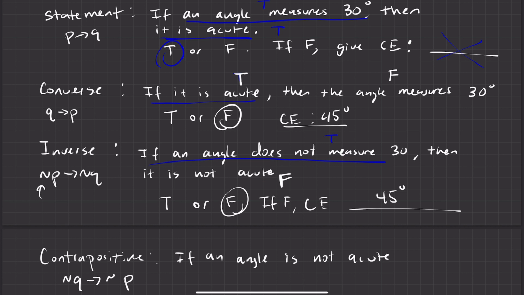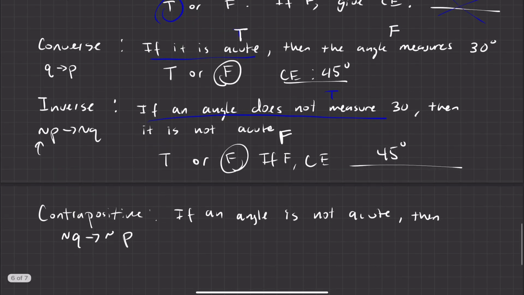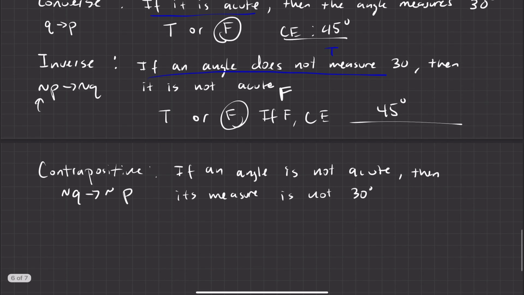If an angle is not acute, then its measure is not 30 degrees.